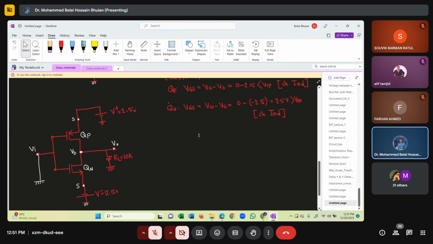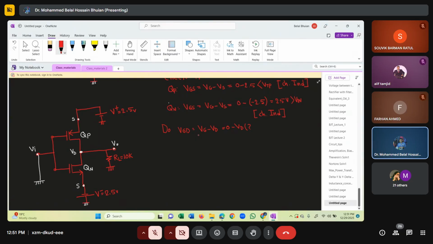We know that if the channel is induced, there are two possibilities. Either the MOSFET is operating in the saturation region or in the triode region. We don't know which. For that, what should we do? We need to do VGD, which is VG minus VD. We know VG is equal to 0, but we don't know VD.